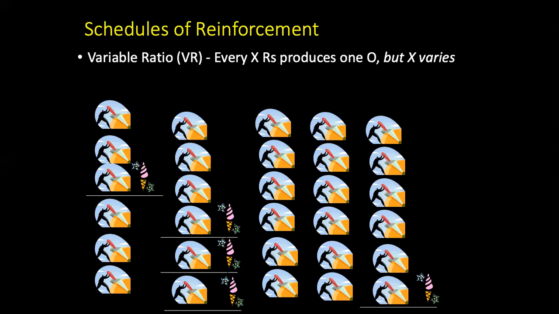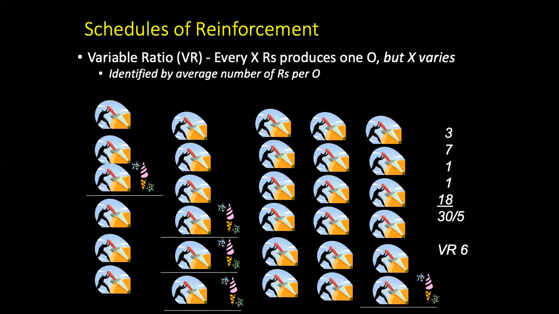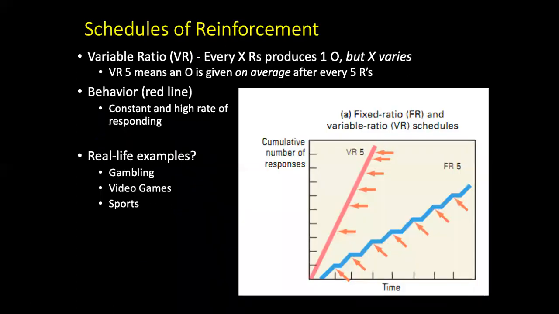Oh, that took a really long time that time to get an ice cream cone, but man, did we want that, right? So 3, 7, 1, 1, 18. So there were 30 total attempts, 5 rewards. So this would actually, on average, then be every 6 times you get a reward, right? So the variable ratio there is 6. It's the average number of responses that gets that desired outcome.